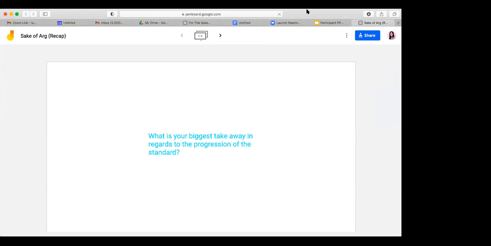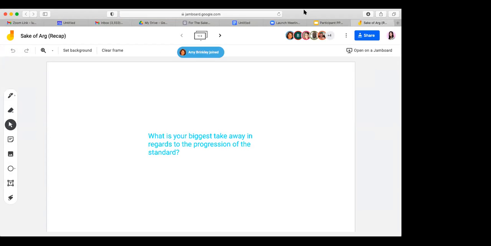And then if you click the second slide, which part of this session do you feel will have the greatest impact on your teaching practice? And this is how we're going to end today. So if you'll just pop up some sticky notes with your thoughts for this session, we'll look at those before we end our day today.